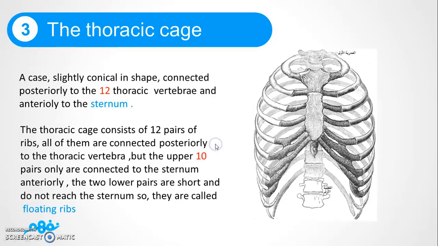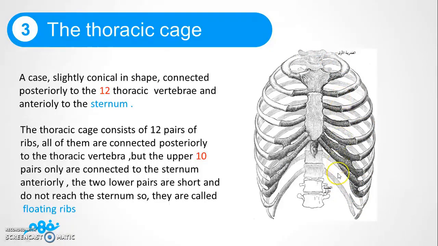Who's next? Oh, the thoracic cage. It's so important, guys. Focus with me. This cage is conical in shape, not triangle or square. It's conical in shape. It has 12 pairs of ribs, 1, 2, 3, 4, 5, 6, 7, 8, 9, 10, 11, 12.